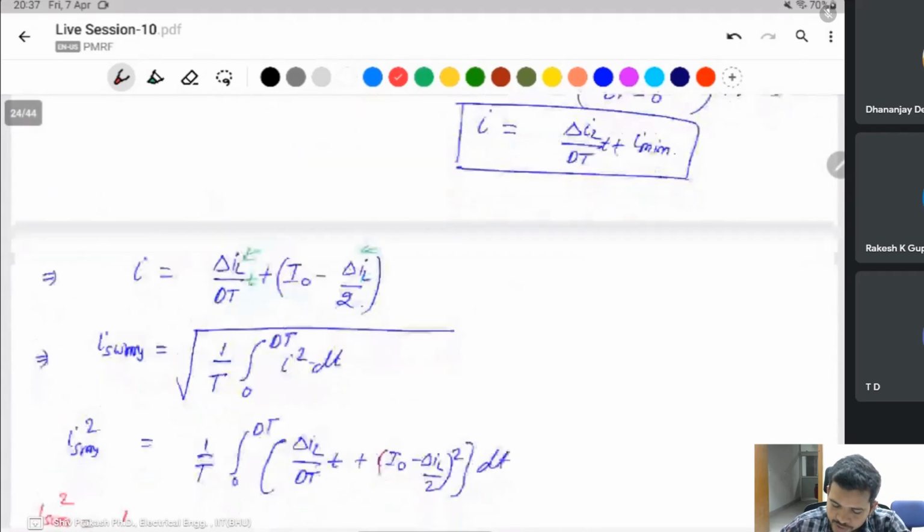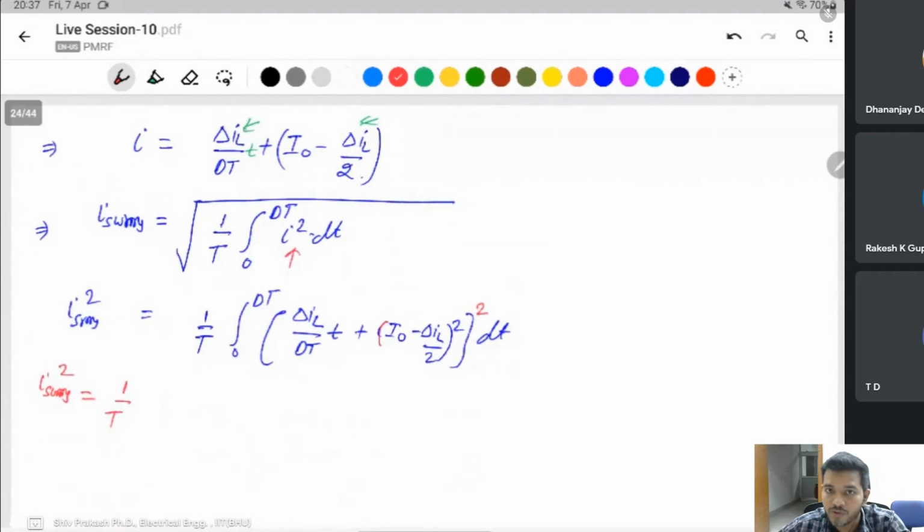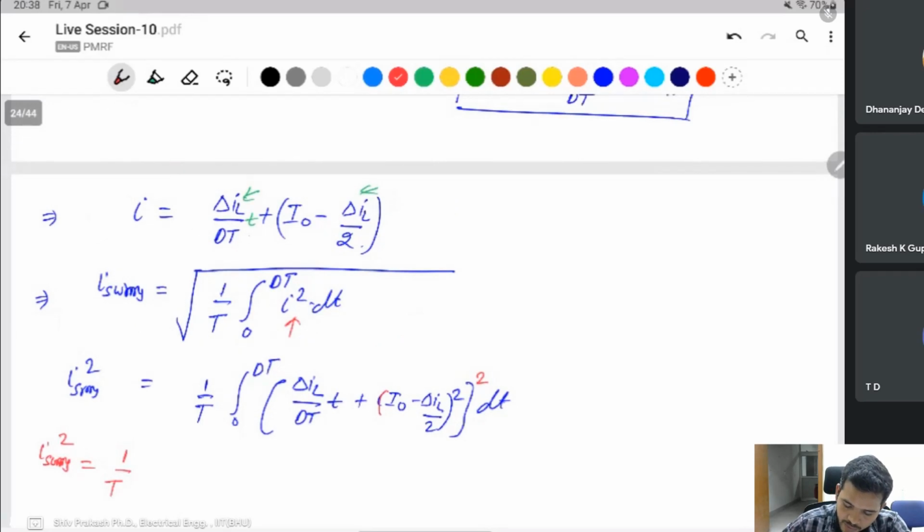This will be I square. It means this one will be a whole square. This total is the current. If you take I square, this means the whole square of this one.